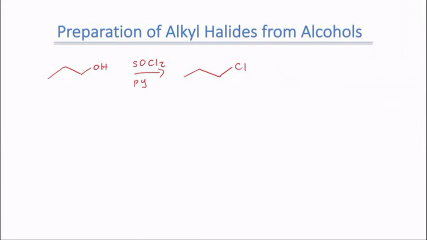So now if we look at the mechanism for it so we can kind of understand how this is happening, what's going to happen is I have my OH and SOCl2, thionyl chloride.